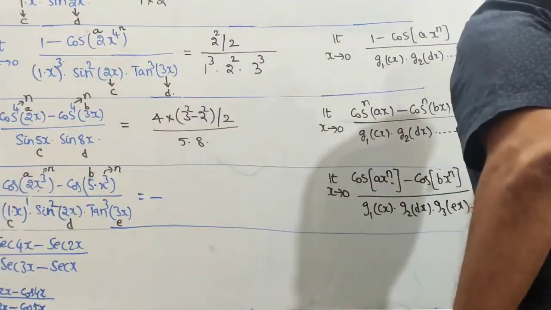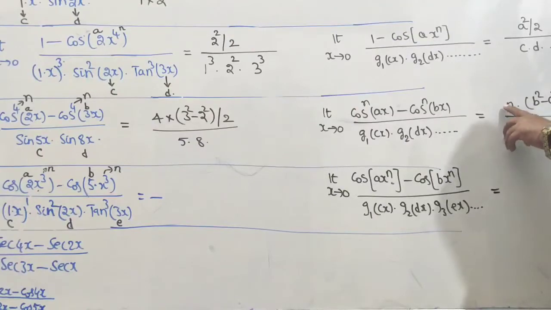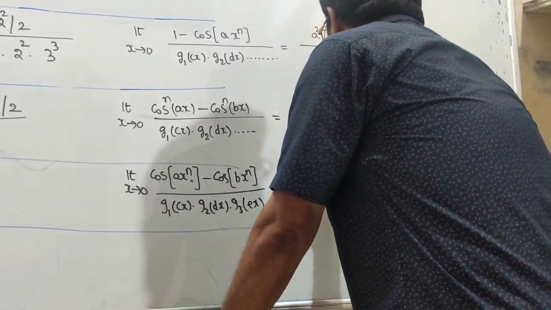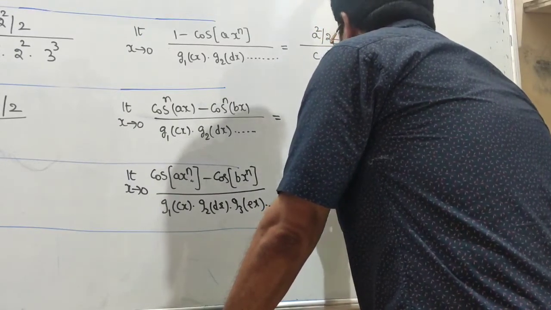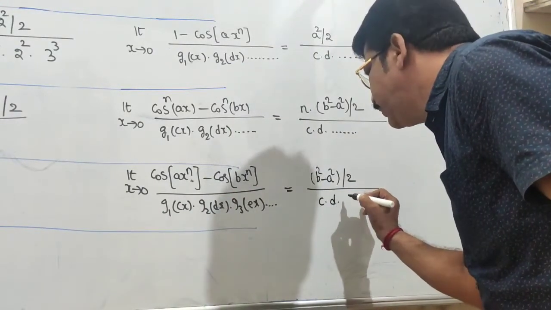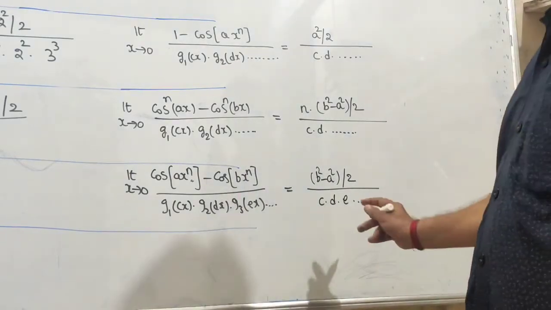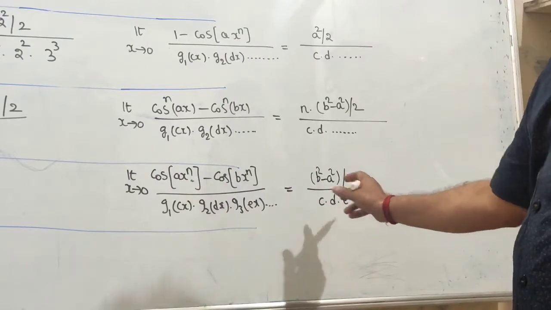So that is equal to almost 90% the same as here, except n. So we ignore n. Therefore the shortcut is (b square minus a square) whole by 2, whole divided by c into d into e into and so on like that. If they have degrees or exponents, automatically they will follow in the shortcut.